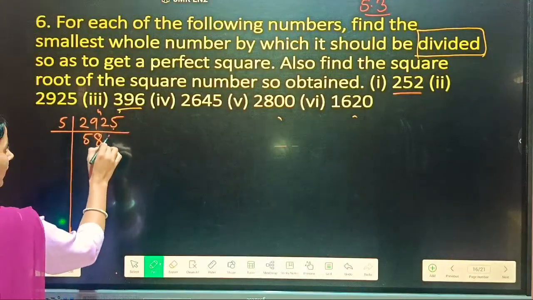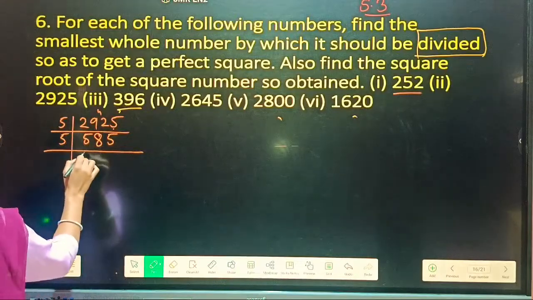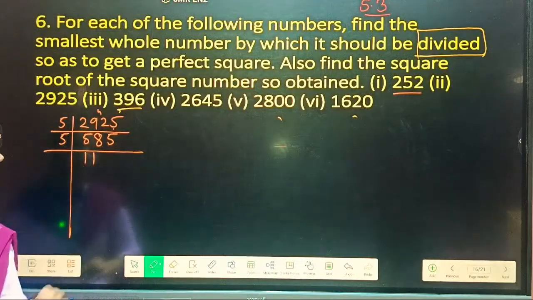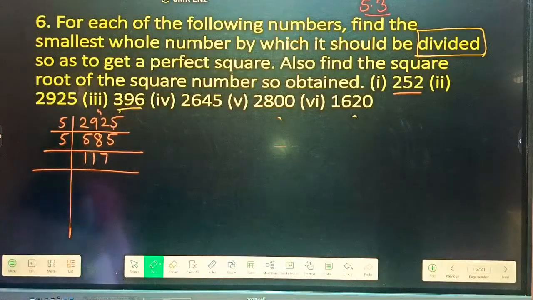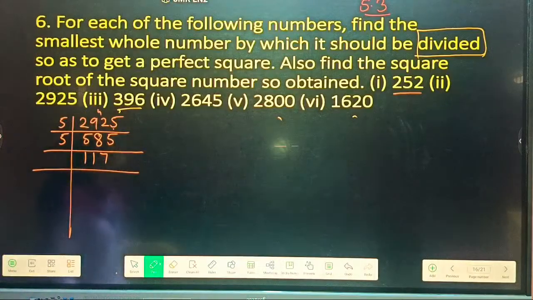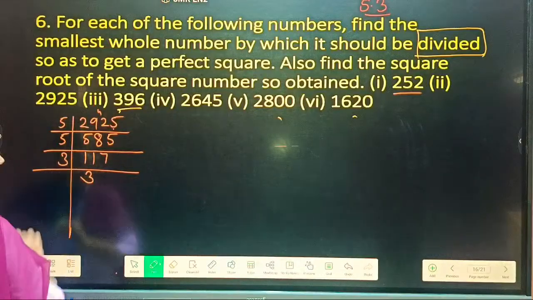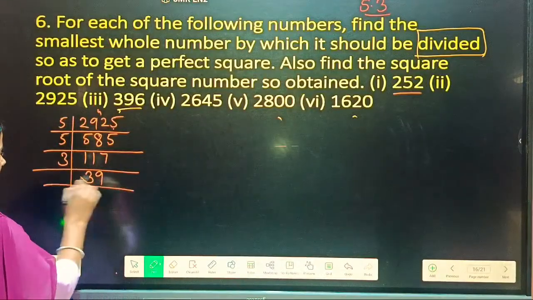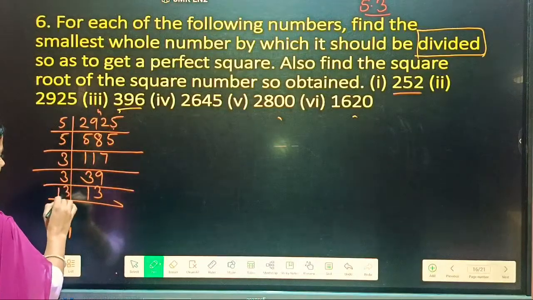And then 5 5s are 25. Further we can divide by 5. 5 1s are 5, again 5 1s are 5, 5 7s are 35. Now this number is divisible by 3 because the sum of its digits is 9 and 9 is divisible by 3. Divide: 3 3s are 9 and 3 9s are 27. Further with 3, 3 1s are 3, 3 3s are 9, then with 13.